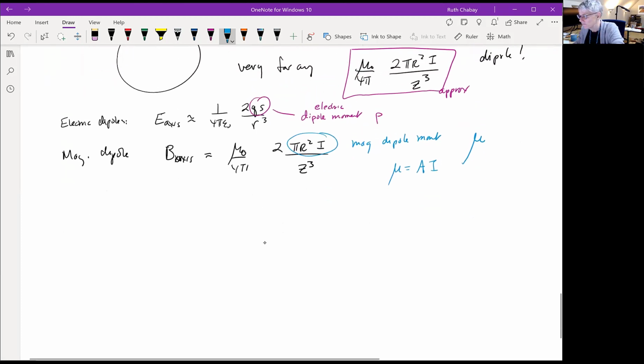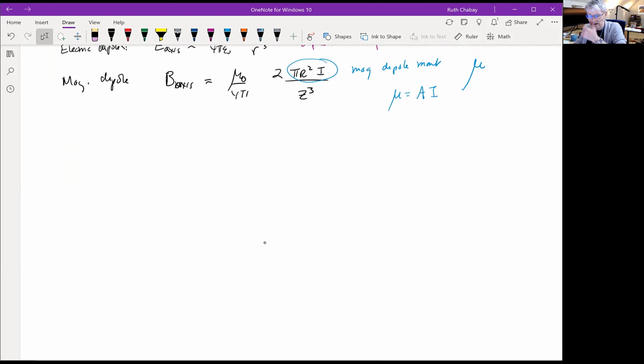Now, something interesting here is that there's another thing that's a magnetic dipole besides a current loop, and it's just a bar magnet. A bar magnet is a magnetic dipole.